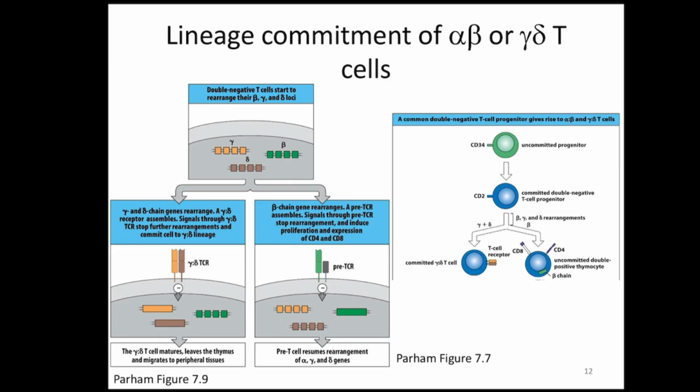And so the answer might be one thing right now, but different when they actually get out into the periphery. Or maybe they proliferate at different rates in the periphery, and that would also influence it. So really, to answer your question, you'd have to look at a thymus, find the cells at a specific step of development, and then sort them into gamma delta versus alpha beta. I don't know a paper that's done that, but again, I also don't read this literature as closely as some other literature.